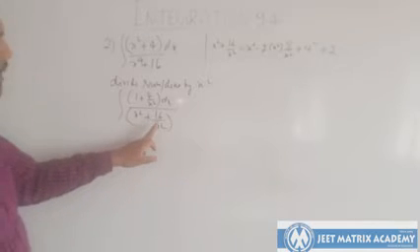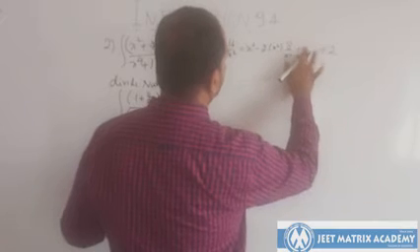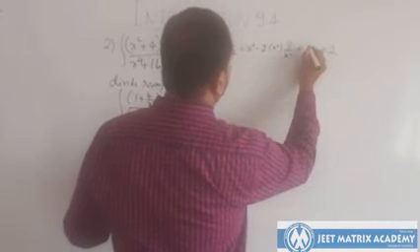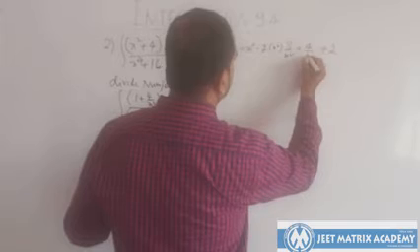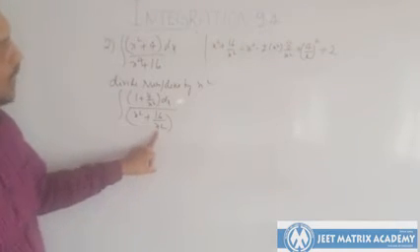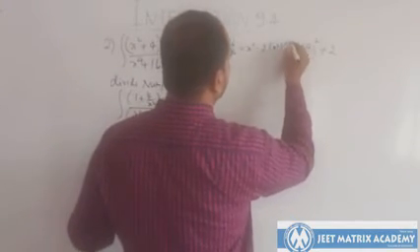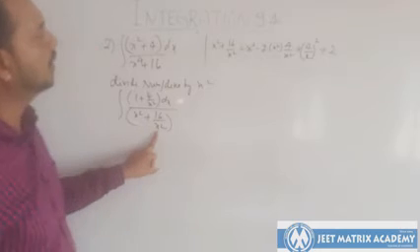So this is 16 by x square. 4 by x square, so it is 16 by x square, so this would be 4. Am I right?